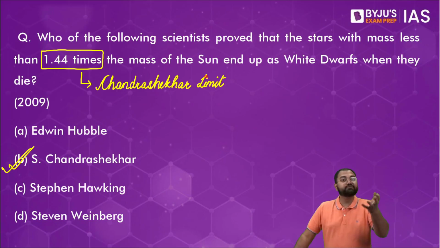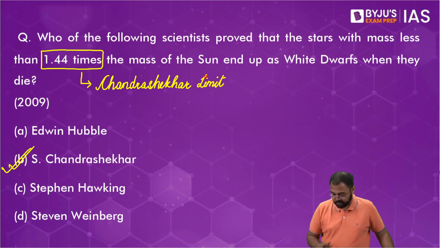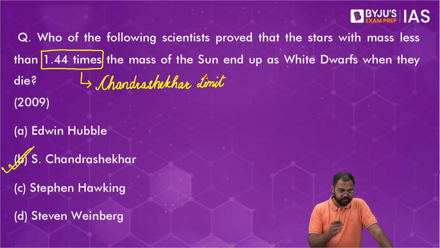Only above this is there a possibility that they might form a black hole. Below this, no. That's why this number 1.44 has been named the Chandrasekhar limit, because he proposed this theory, or rather he proved it to be correct. So the number was named after him.